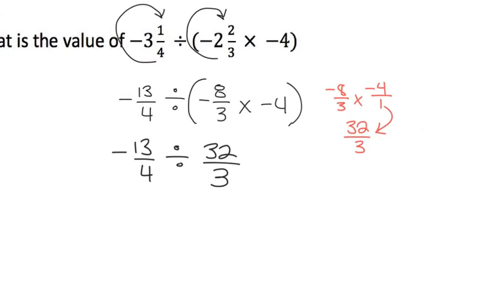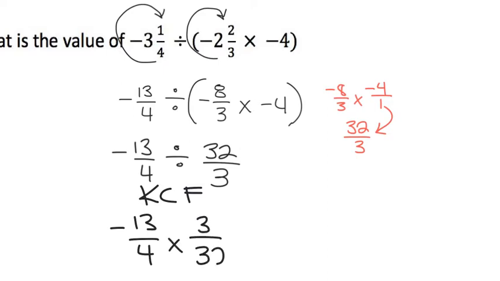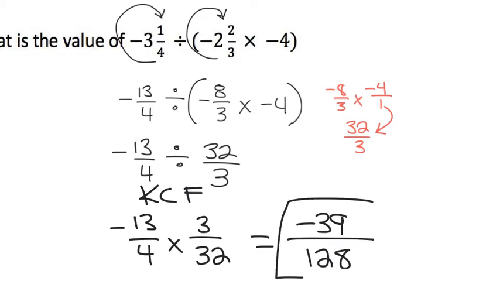Now I can do a keep it, change it, flip it. I'm left with negative 13 over 4 times 3 over 32. I get negative 39 over positive 128. And this is my final answer due to the fact it will not simplify anymore.